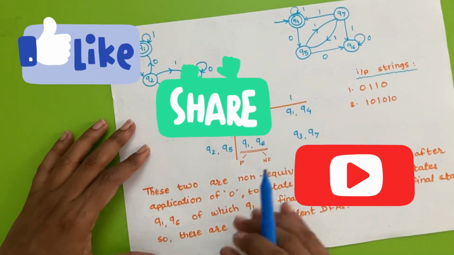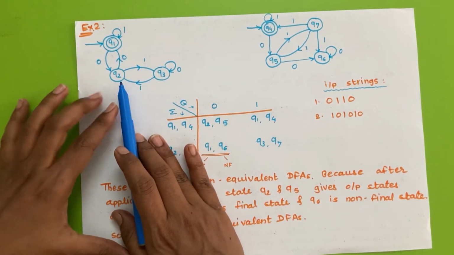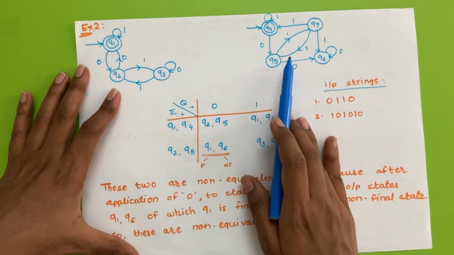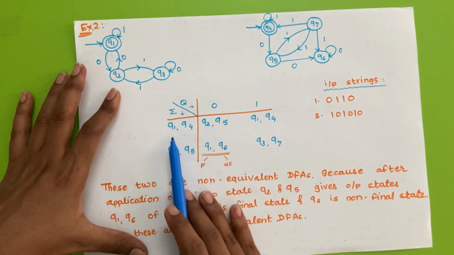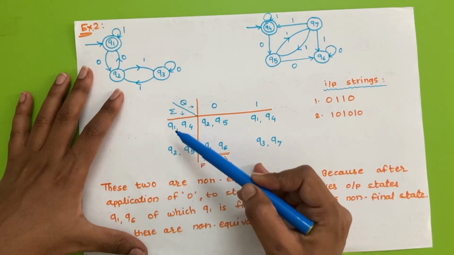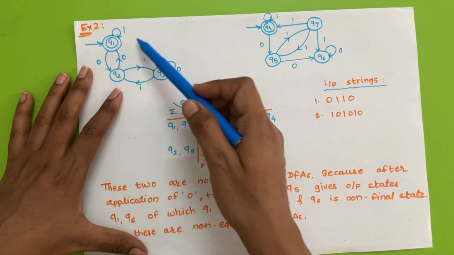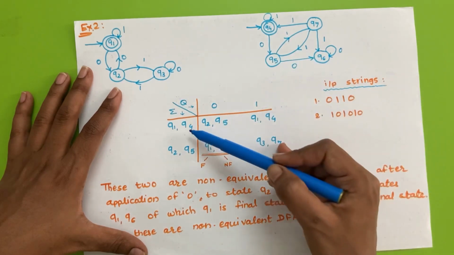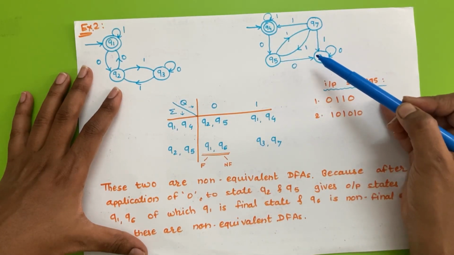Here I have taken the first finite automata and this second finite automata, and I have written the transition table for it. Again, the left hand side symbols represent this finite automata, and the right hand side symbols represent the right hand side finite automata.